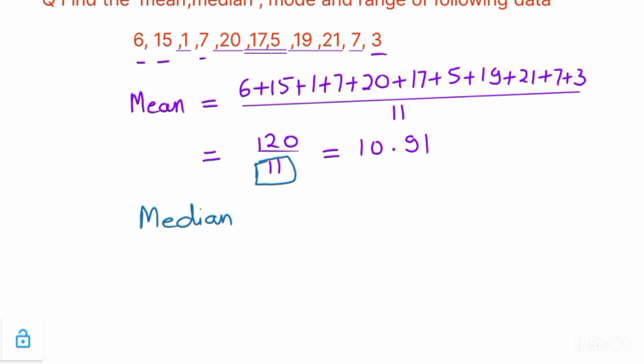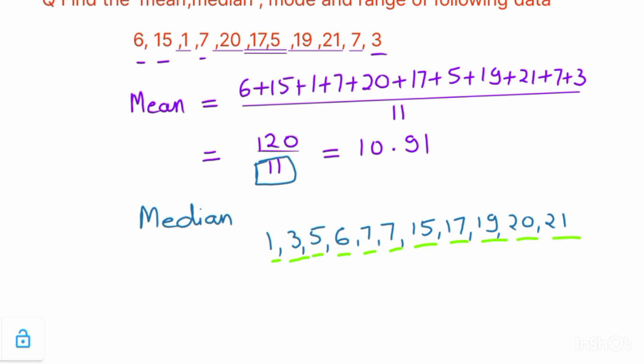So this will be 1, then 3, then 5, then 6, 7, then 7 again. After that it's 15, then 17, 19, 20, and 21. So 1, 2, 3, 4, 5, 6, 7, 8, 9, 10, 11 numbers we have.